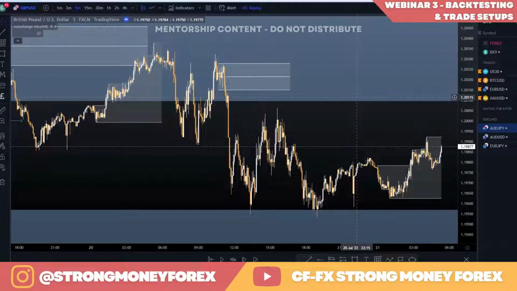At the end of the day, if I take 5 trades in a week and I get 1R on those 5 trades and they all go to break even, I'm 2.5R up. Yeah, and 2.5R at 1% per trade is 2.5%. If you do that over 52 weeks, you get 130%.